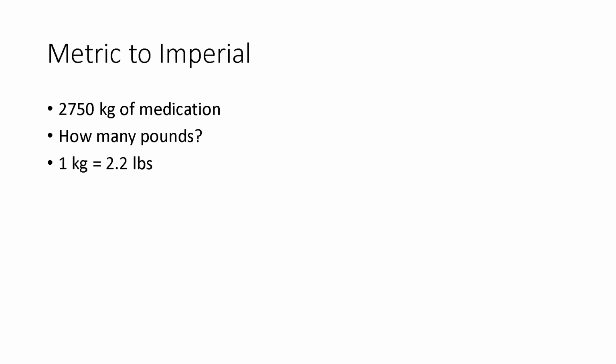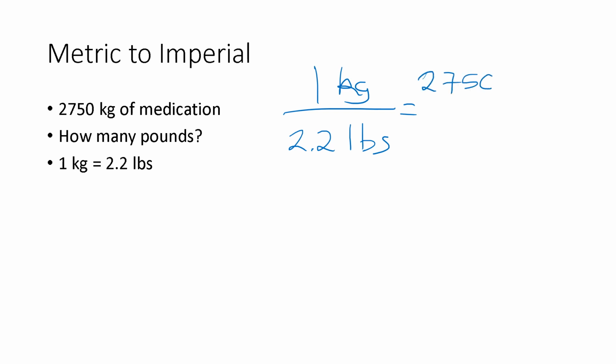Remember that 2,750 kilos of amoxicillin that you were going to bring into the airport? How many pounds of that are you bringing? You have to declare that on customs in order to get it to leave the U.S. Well, again, if we know that 1 kilo is 2.2 pounds, and we have 2,750 kilograms of medication, and we want to know how many pounds of meds are you taking with you to Beirut.